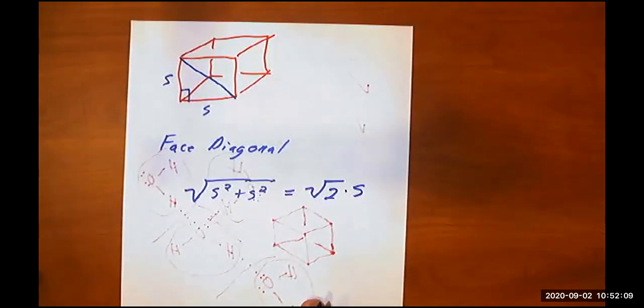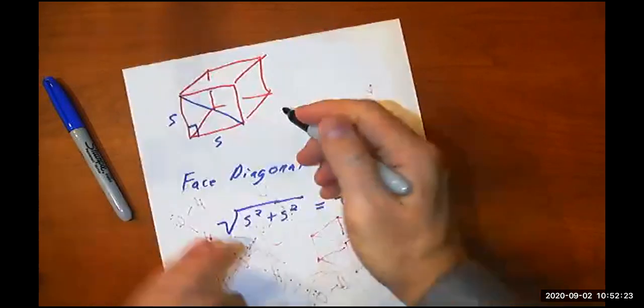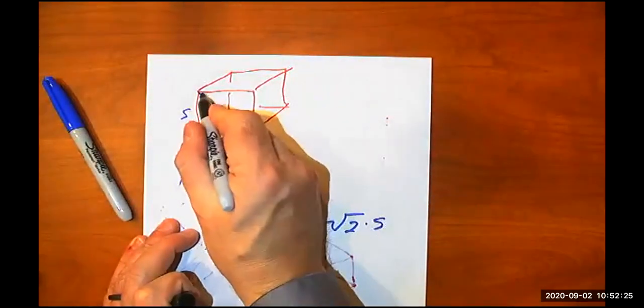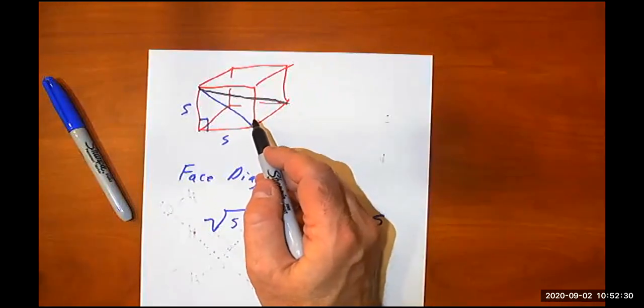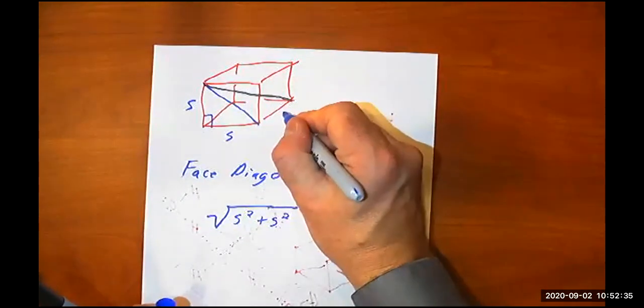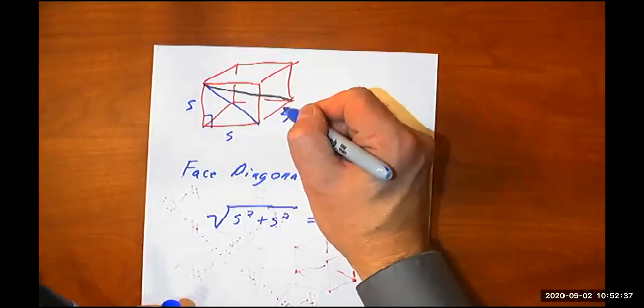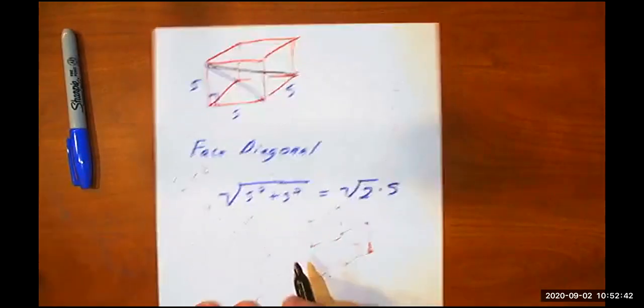Right? Now, if we look at the body diagonal, we've got another color here. There we go. All right, we'll do the body diagonal. So let's do that diagonal there. One of the edges here is S. The other edge is the square root of 2s, right?